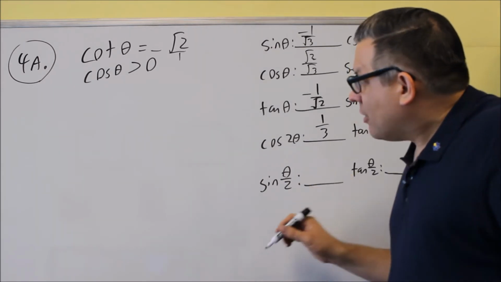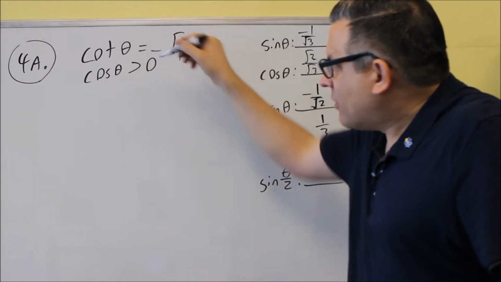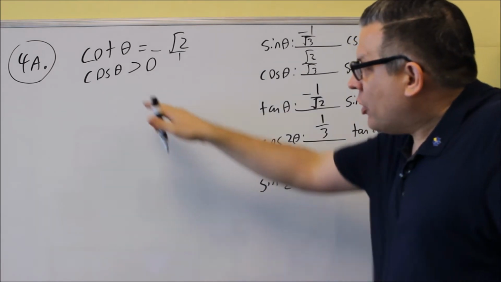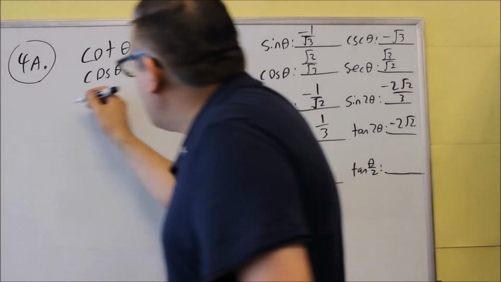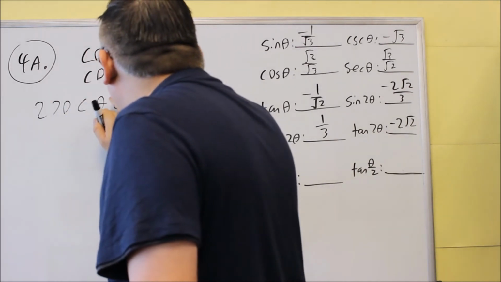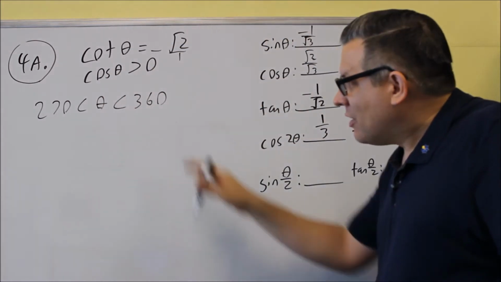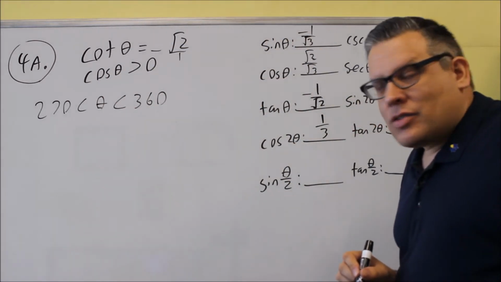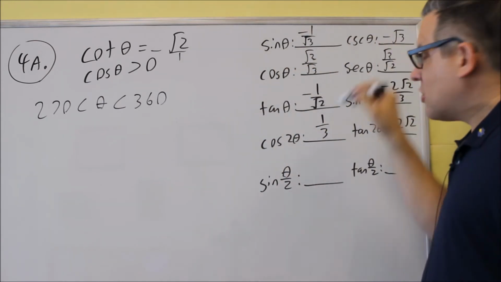Now, in order to determine what quadrant it is in, we're going to look back at this initial information. We determined that this was going to be drawn in the 4th quadrant. So because it's the 4th quadrant, that means that you would have theta between 270 and 360. So that was the original information that we drew the triangle in to get these first 5.